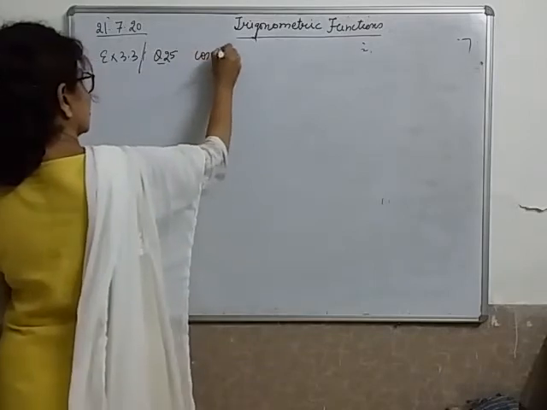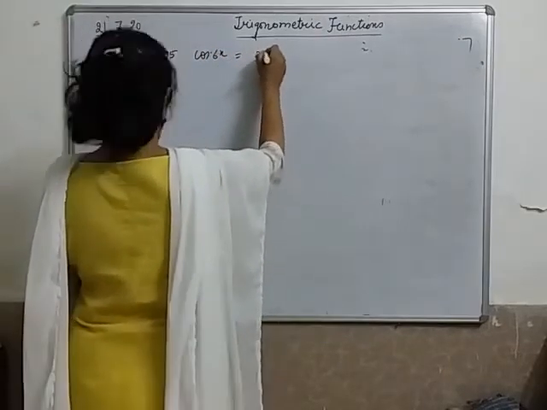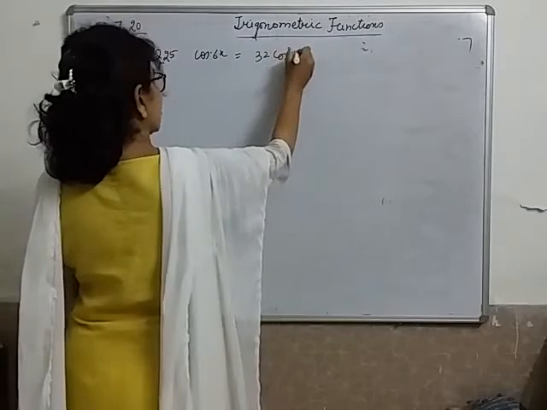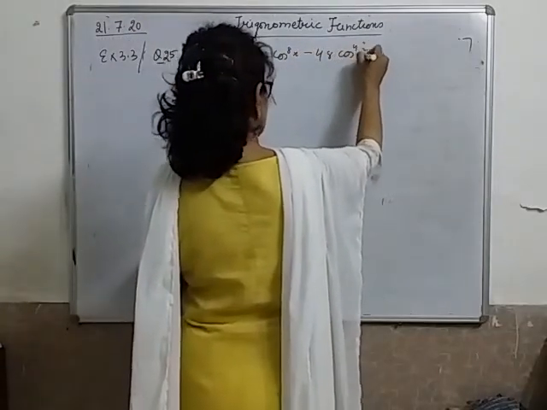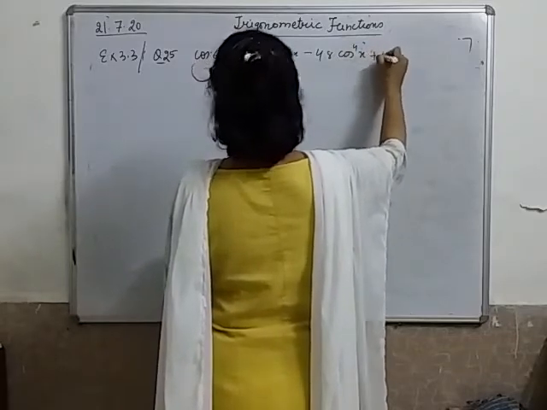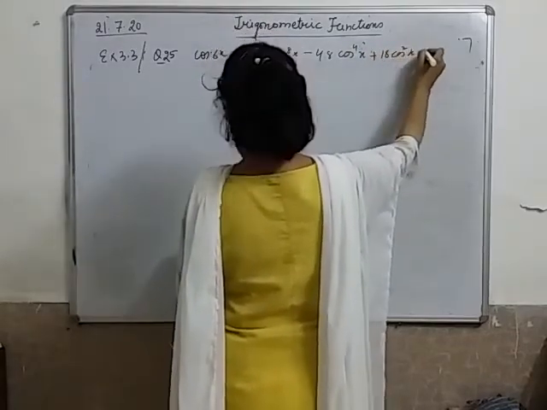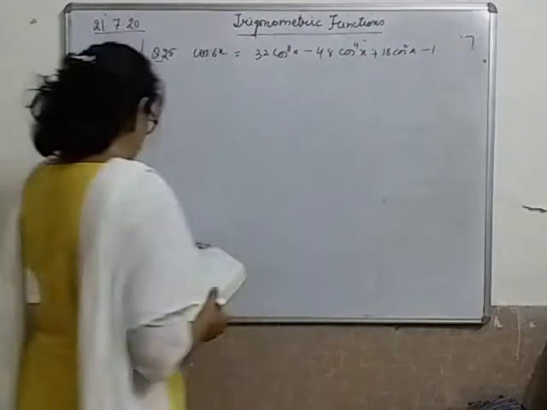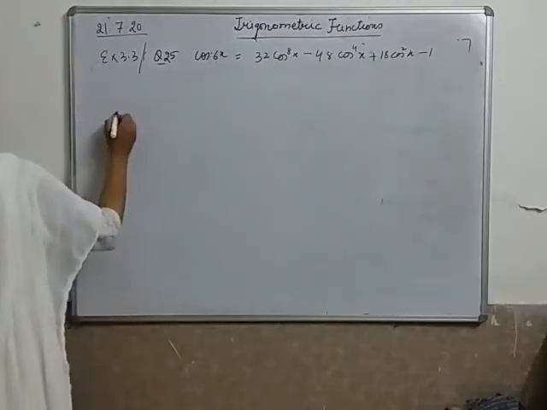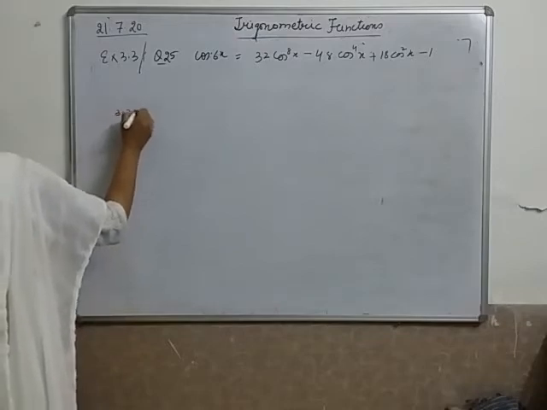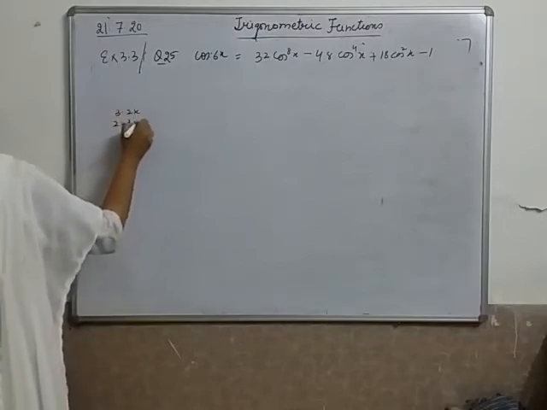Cos 6x is equal to 32 cos 8x minus 48 cos 4x plus 18 cos square x minus 1. Okay. Now in this, two identities will be applied. 6 can be written as 3 into 2x or it can be written as 2 into 3x.